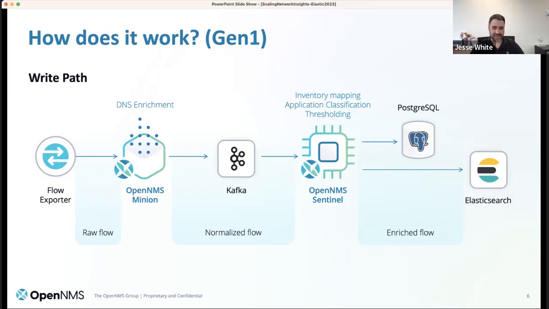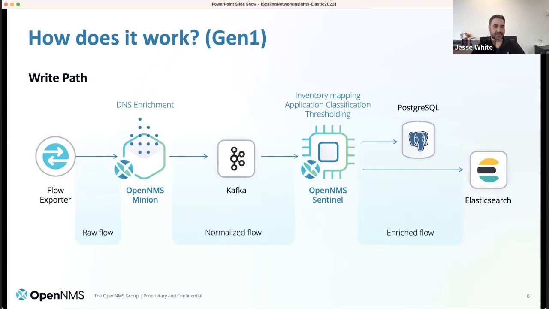We then have a process that we call the Sentinel that enriches those flow records and is able to process them and do things like inventory mapping, so determine what device in the inventory it's associated to. It does things like application classification. So what is the flow about? Is it HTTP traffic, a backup job, et cetera?